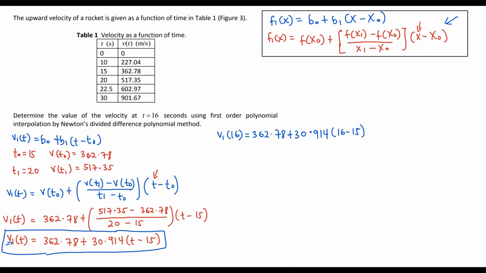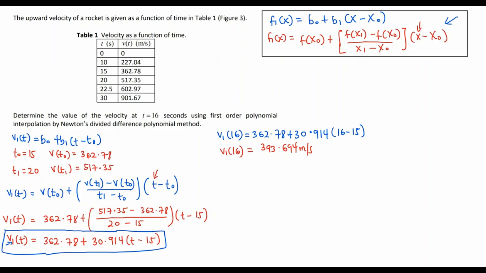Let's simplify this. The velocity at time 16 seconds is going to be 362.78 plus 30.914 multiplying 16 minus 15. That's just 1. So at the end you are going to get 393.694 meters per second. That's going to be the velocity at time t equals 16 seconds.